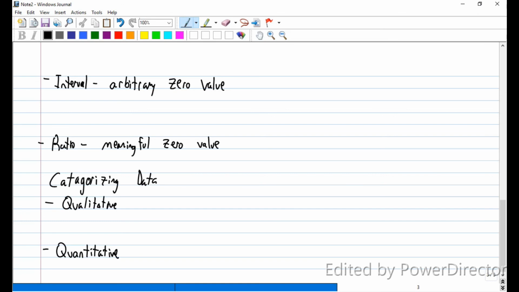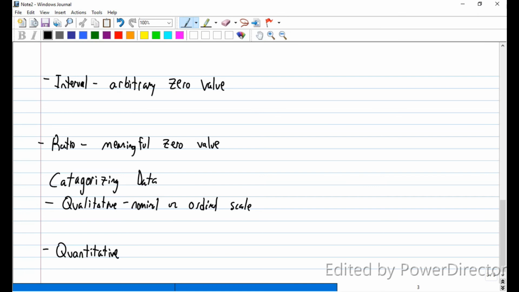Qualitative data is going to be on the nominal or ordinal scale. If it's something that's labels, like the color of your eyes, if I had a set of data on the color of everyone's eyes in here, that would be qualitative data.